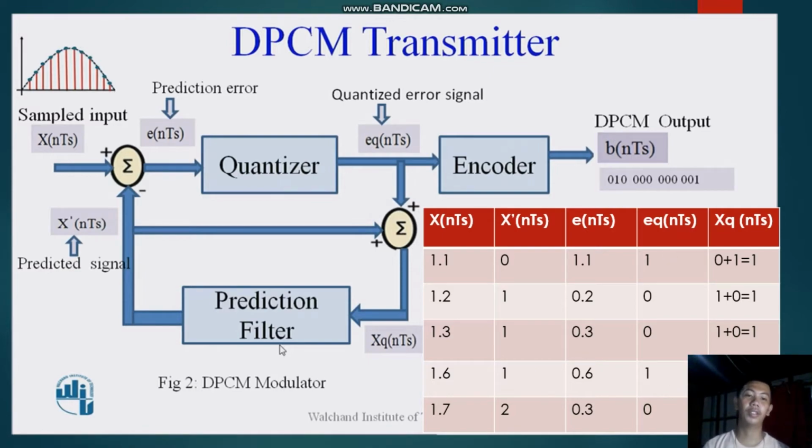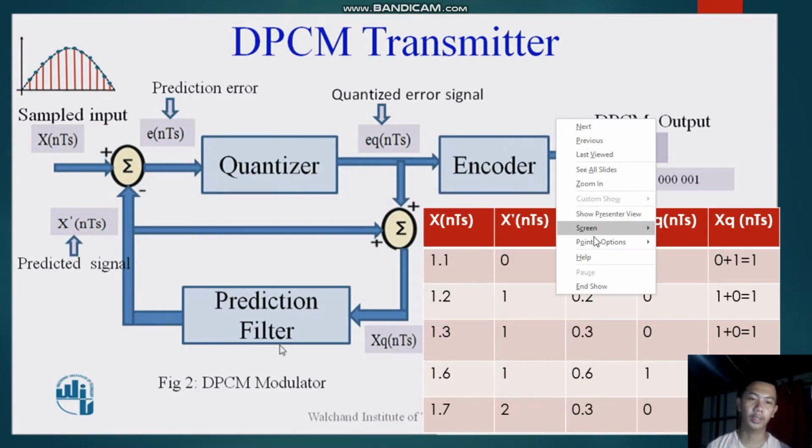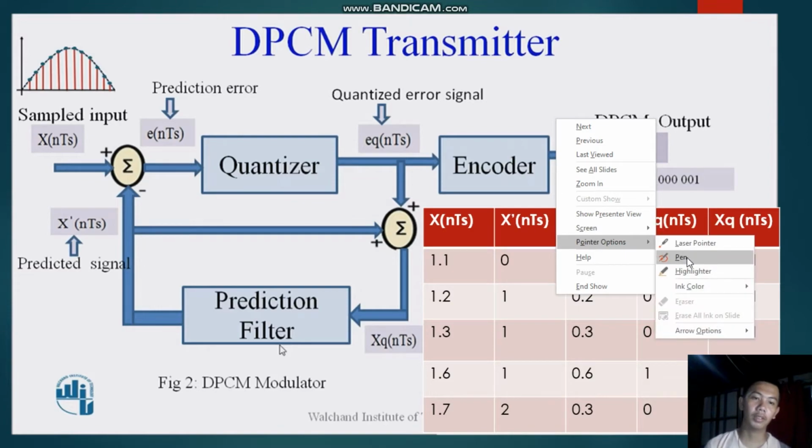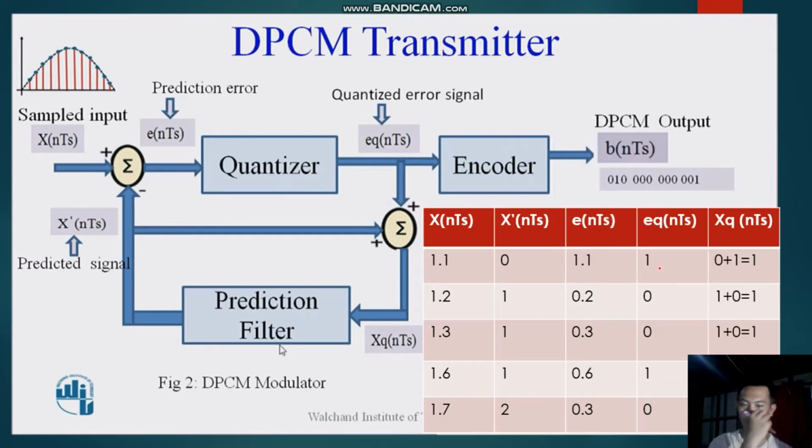Then the quantized error signal is at the standard level, so we have here 1. So we have our 1.1 pass through here, predicted signal of 0. 1.1 minus 0 equals 1.1. Quantized error signal is 1. So xq is the sum of the predicted signal and quantized error signal.